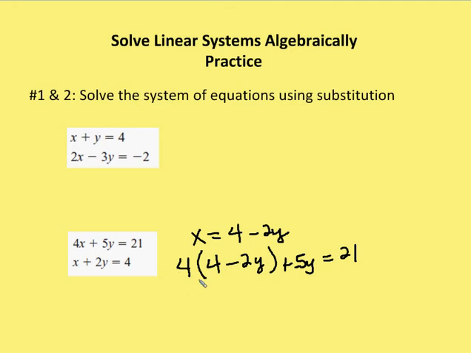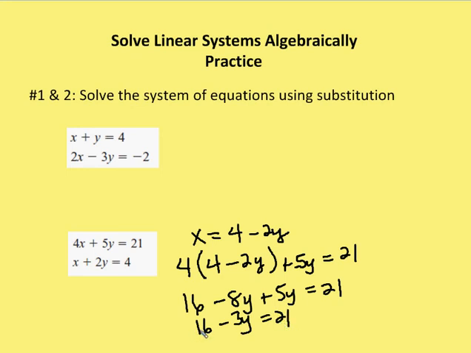So I'm going to distribute the 4 across the parentheses, and I have 16, and remove the parentheses. 16 minus 8y plus 5y is equal to 21. Negative 8y plus 5y leaves me with negative 3y, and I have 16 minus 3y is equal to 21.